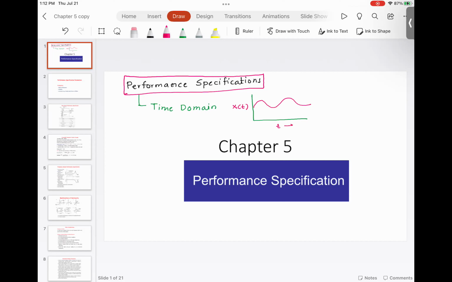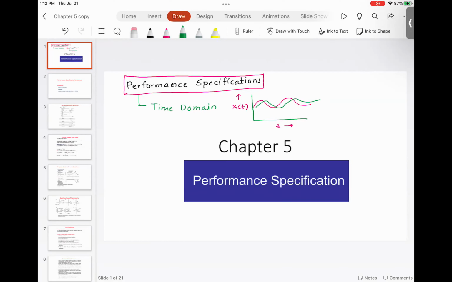So you have time as an independent variable, displacement or velocity as a dependent variable, and then try to see if this performance, this behavior, is matching with the expected or the desired behavior.